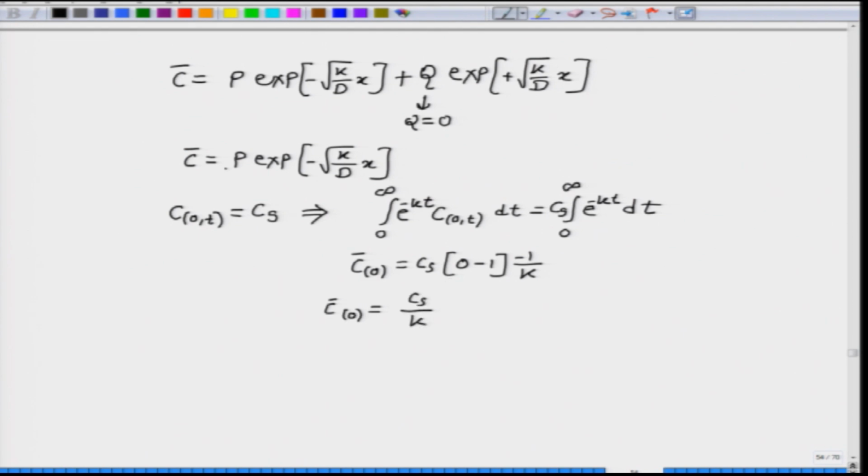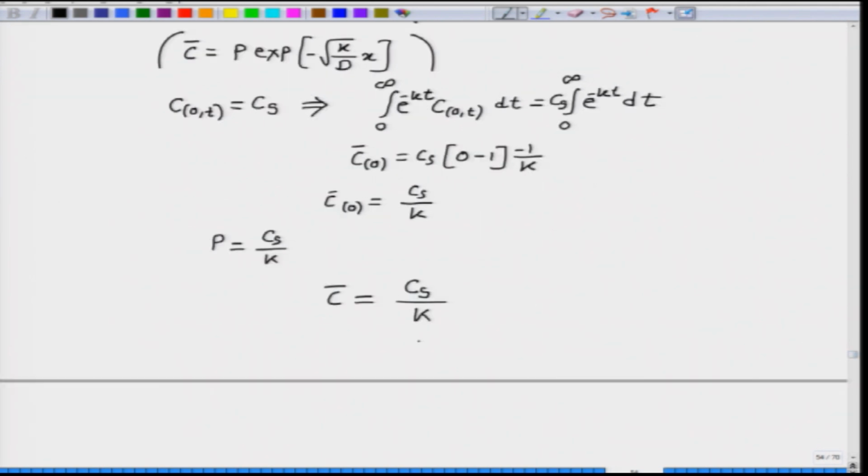So, if we substitute in the equation that we got for C bar here, we get the value of p as C s over k. And so, the solution for C bar is equal to C s over k exponential minus root k by d x.